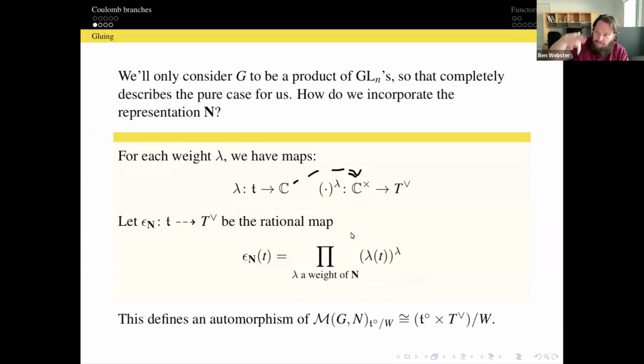I get a perfectly good element of T-check at every point as long as none of my weights vanish. And I can use that to take this fibration and do a kind of gauge transformation on it. I can rotate each of the fibers, but I'm rotating different fibers by different amounts. And when I go to one of the places where my weight vanishes, the amount that I twist my fiber by blows up.